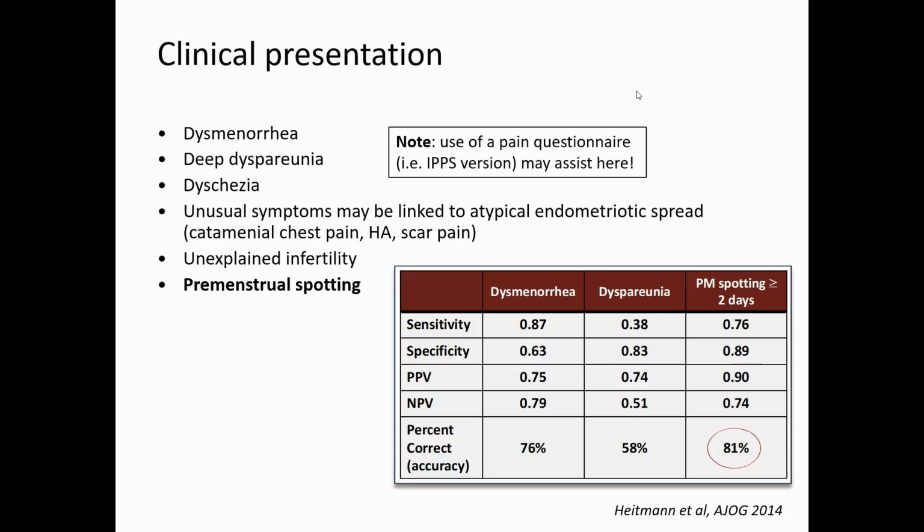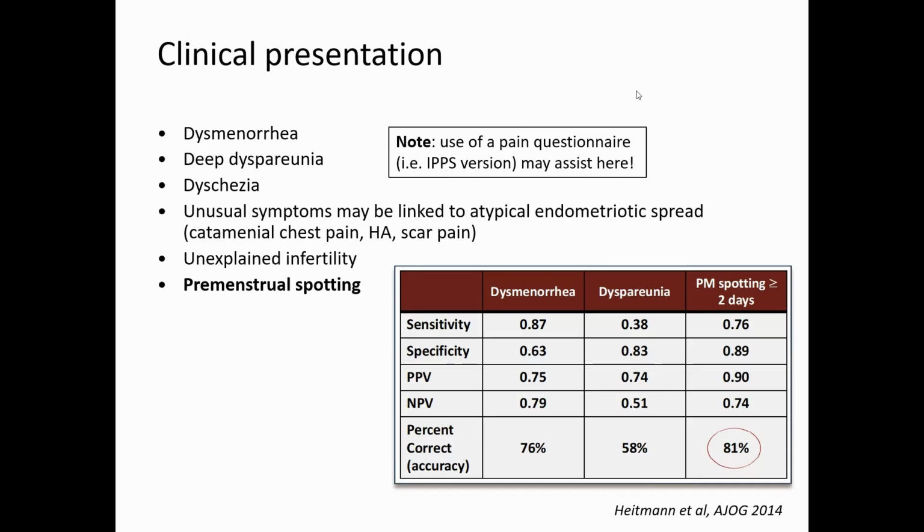The presentation on the part of patients is typically one of pain, and the different varieties of pain that patients will present with include pain with cycles, pain with intercourse, pain with bowel movements. There can be some unusual pain symptoms if the endometriotic lesions are located in more distant locations, and unexplained infertility.